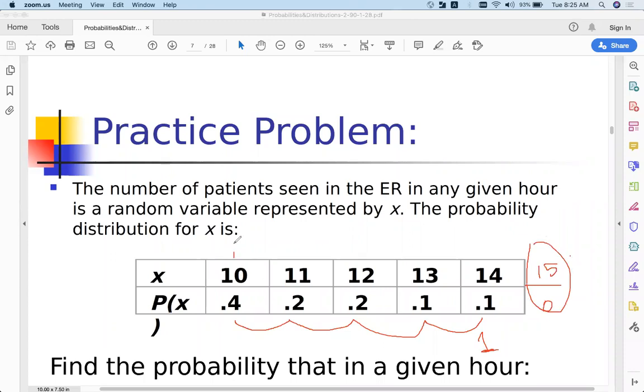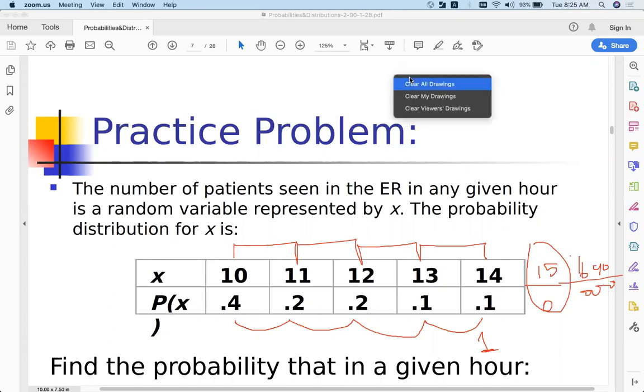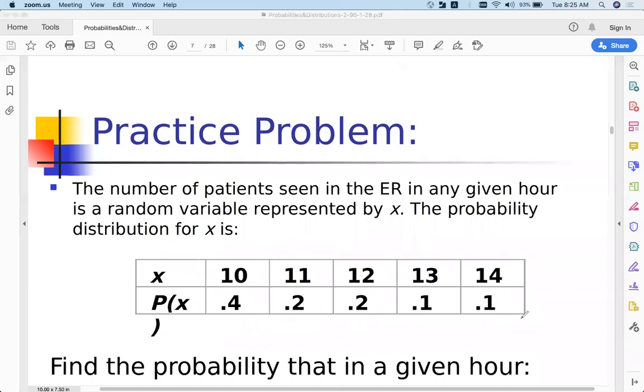But since the summation of these individual probabilities already comes up to 1, all the remaining probabilities, 15, 16, let's say 9, let's say 8, are 0. I hope that makes sense. That is how you interpret the table and the probability. So let's say the probability that in the next hour there are 12 patients in the ER room is 20% or 0.2. Okay, I hope the question is clear.